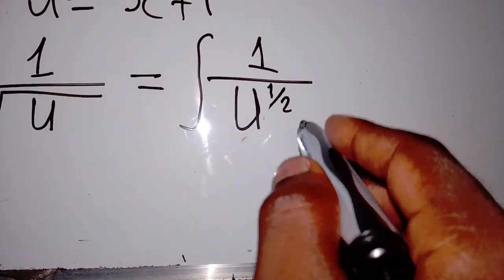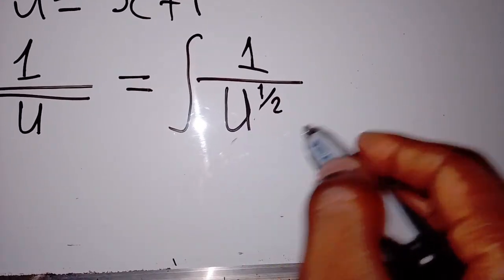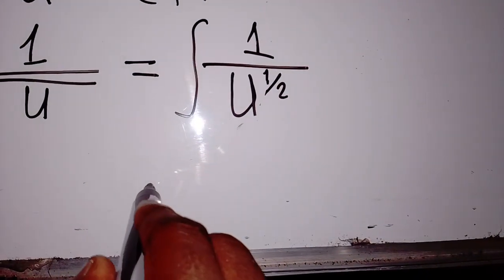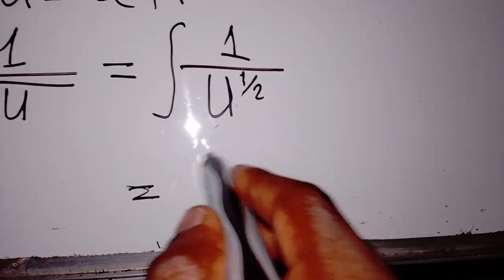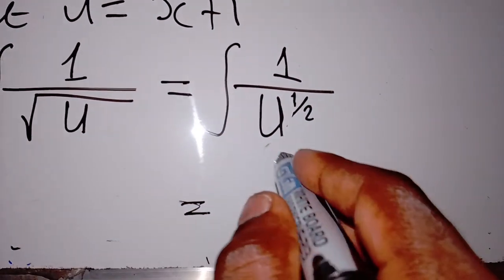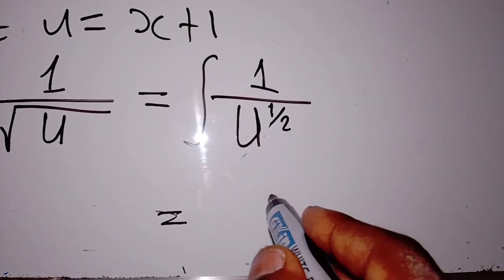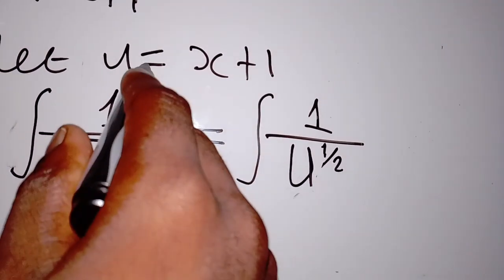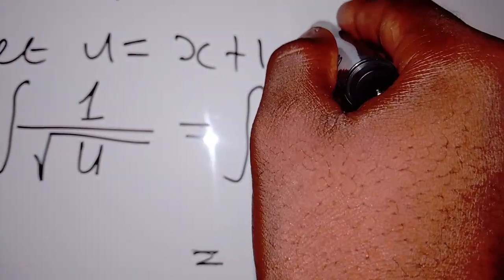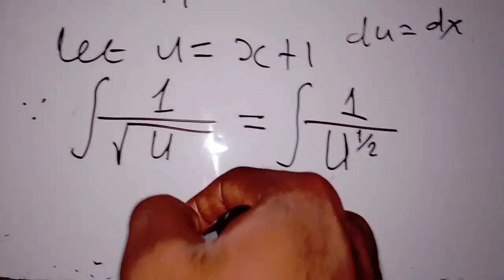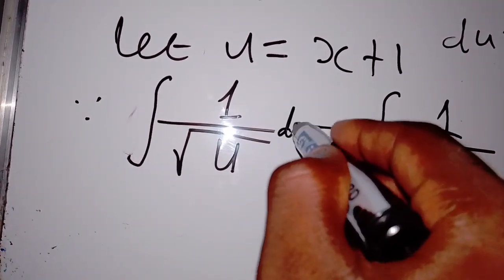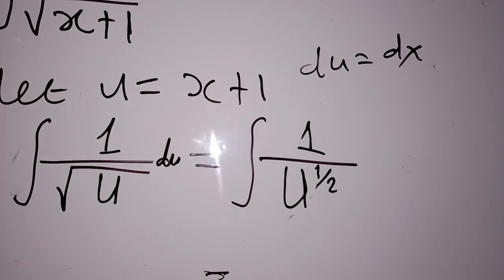So when you reach this stage, when this one goes on top, it will be, okay, so if u is equal to x plus 1, so our du will just be dx. So this one is just the same as du, okay?